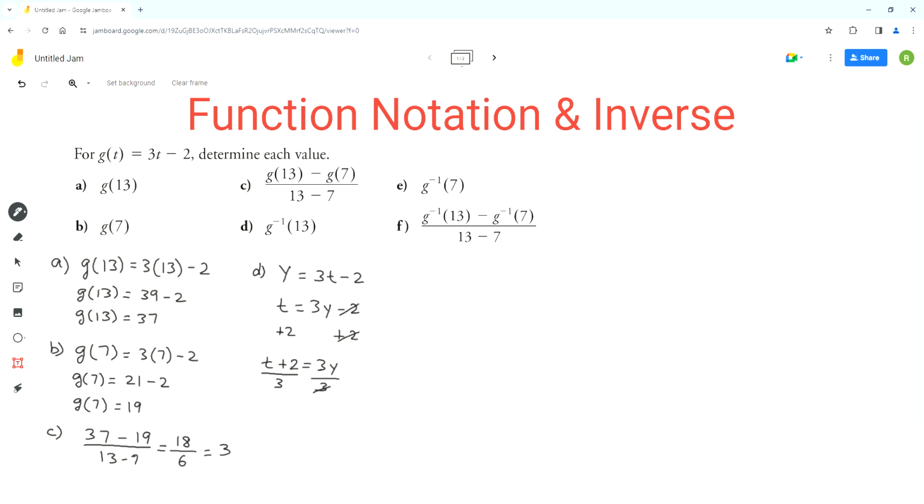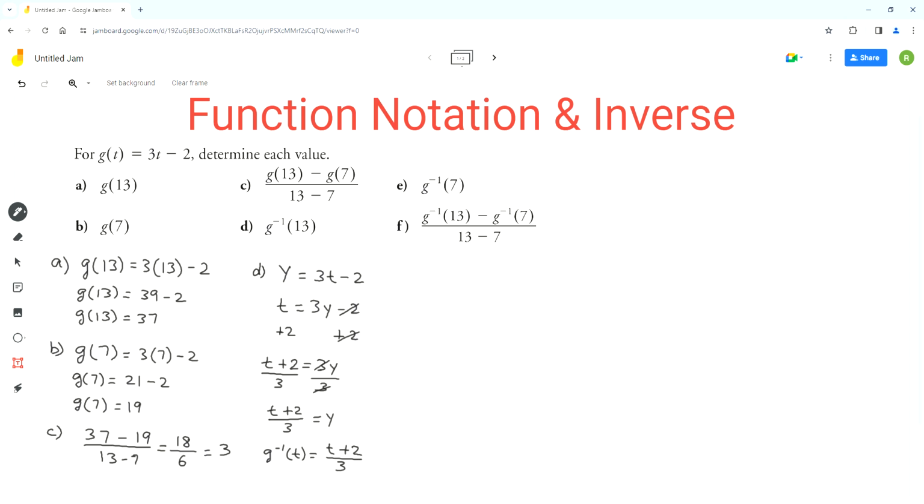So the 3's on the right side will cancel each other out and we get t plus 2 over 3 equals y. And now we can use the function notation for this inverse. So we can rewrite the inverse of the given function as the inverse of g of t is equal to t plus 2 over 3.